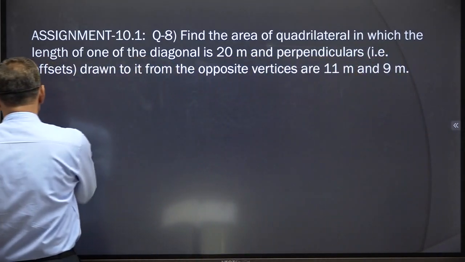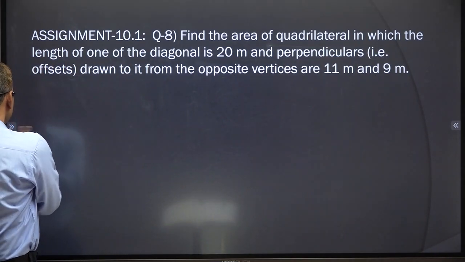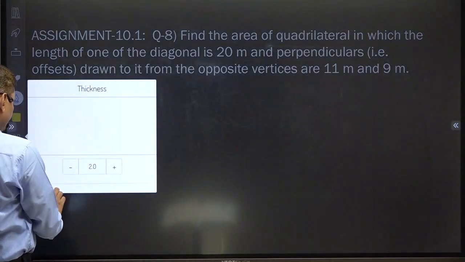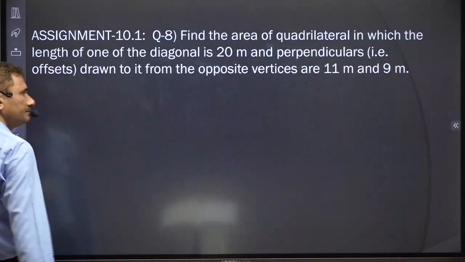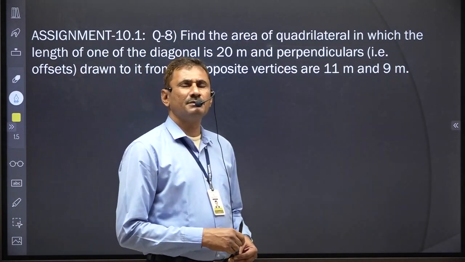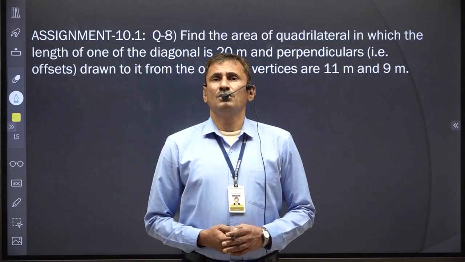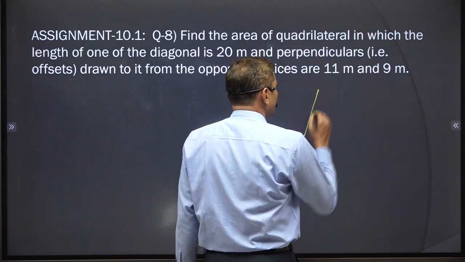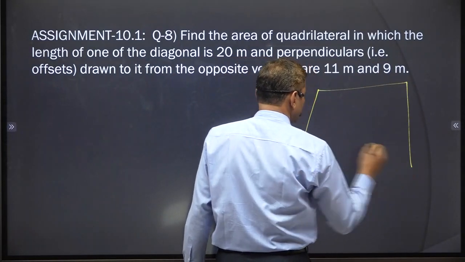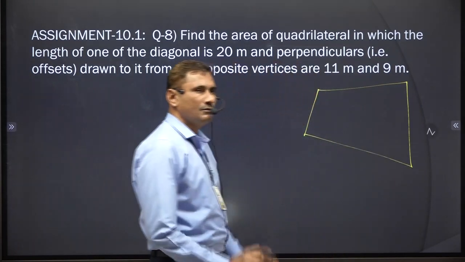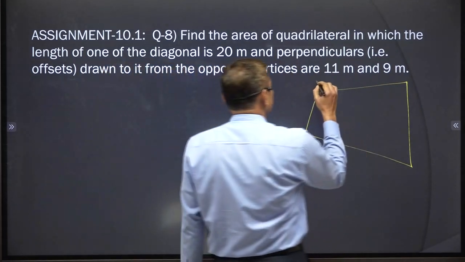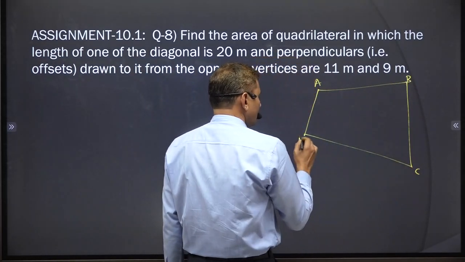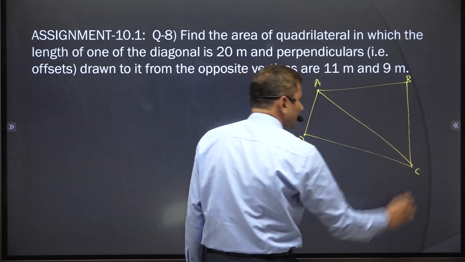Whenever one diagonal and offsets are given, let me explain what is meant by offset. Offsets are nothing but perpendiculars on the diagonal from opposite vertices. If any quadrilateral is of irregular shape, I purposely do not draw a particular shape. Suppose we have a quadrilateral ABCD, and AC is any diagonal.